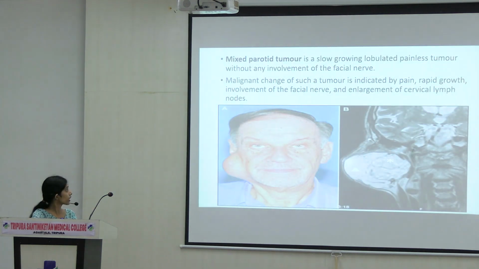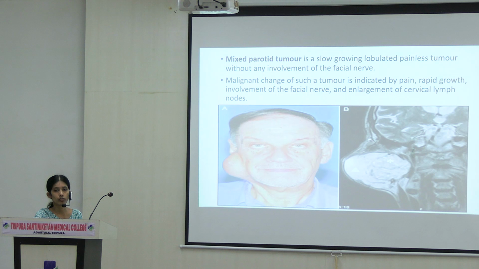Okay. The next one is mixed parotid tumor. It is a slow growing, lobulated, painless tumor without any involvement of the facial nerve. Once the involvement of your facial nerve is seen, we can see the malignant changes. What do you mean by malignant tumor?